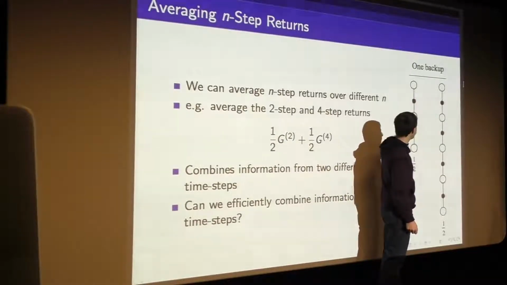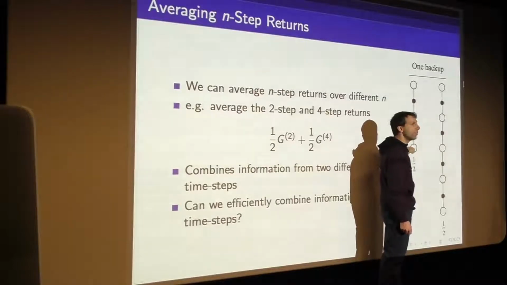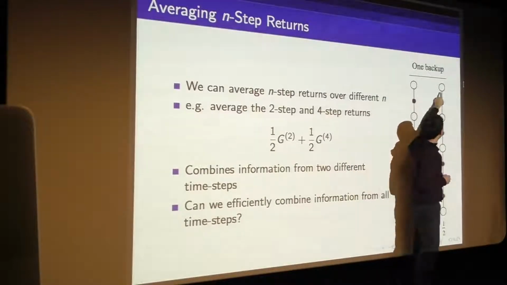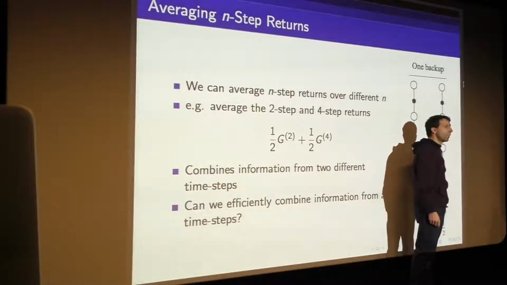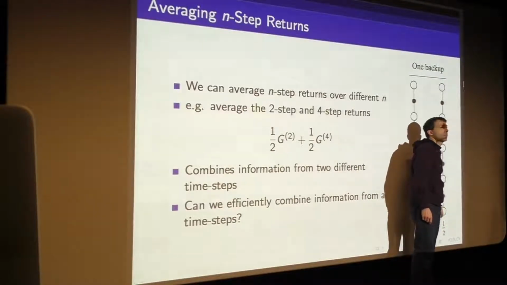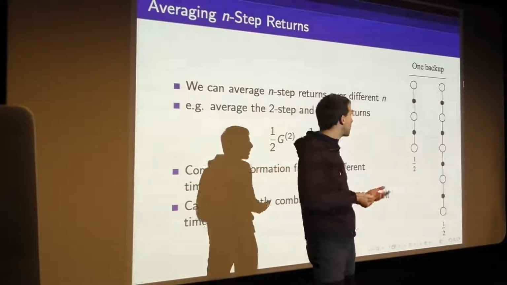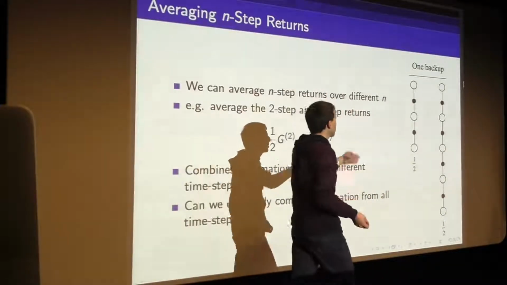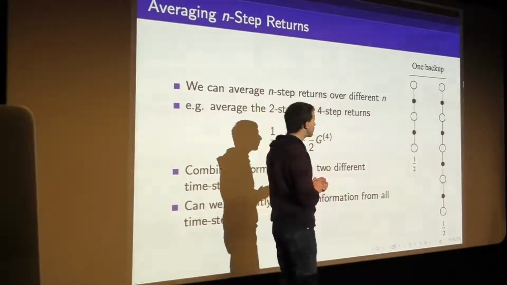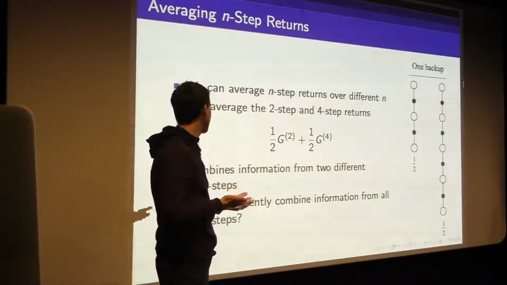So we take 2 steps of real reward and the value function after 2 steps. We average that with 4 steps of real reward and the value function after 4 steps. We can average those together, call that the target, and that is going to be more robust because it gets the best of both of these cases. And we can use that as the target for our TD learning.